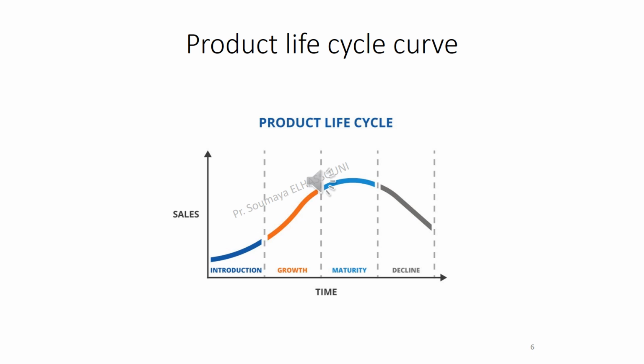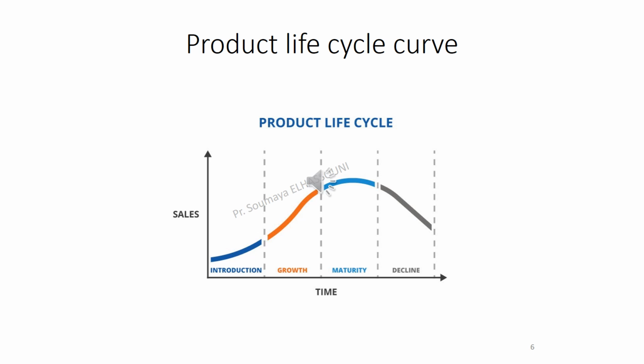Okay, so now let's explore the product life cycle. Here in this slide, you have the typical curve of the product life cycle, which shows how a product progresses through 4 stages. The first stage is the introduction, the phase in which the product is launched into the market.